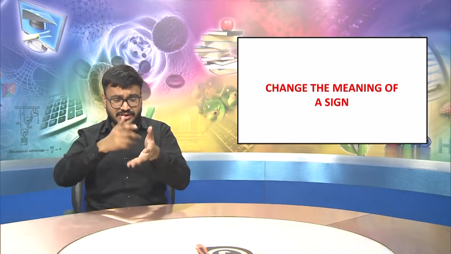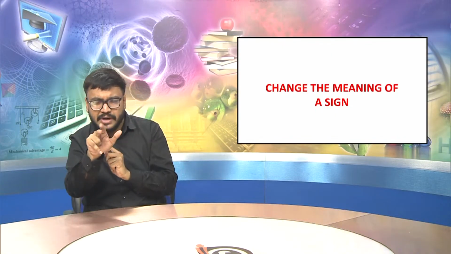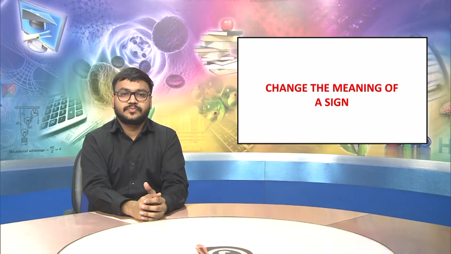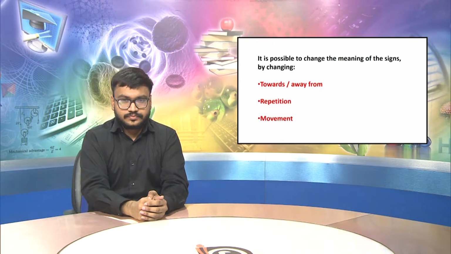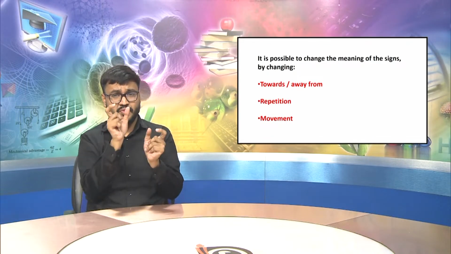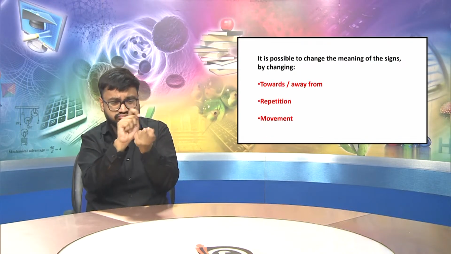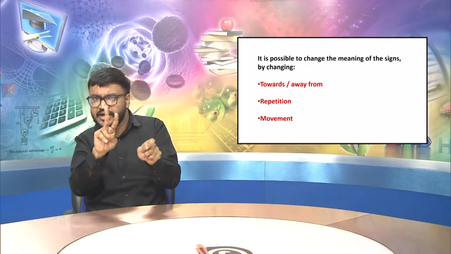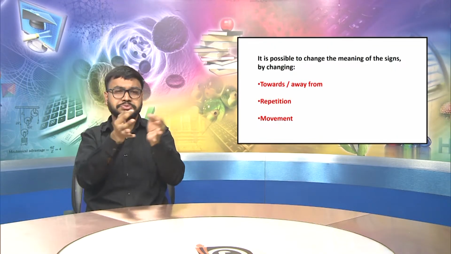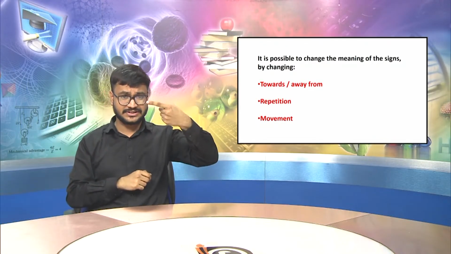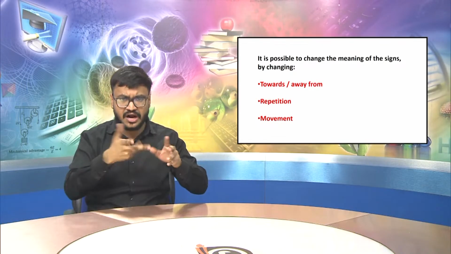Now we will study how the meaning of a sign can be changed. It is possible to change the meaning of the signs. But how can we change it? We can change it by using some various points.